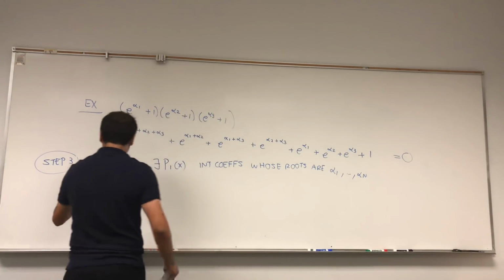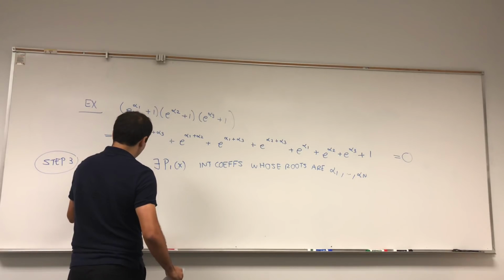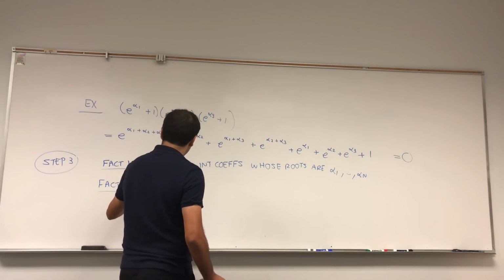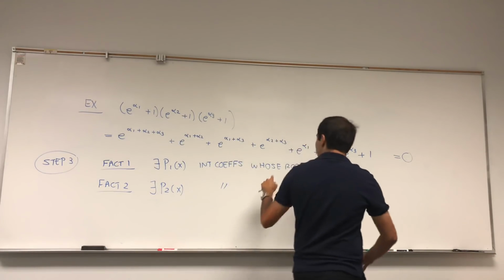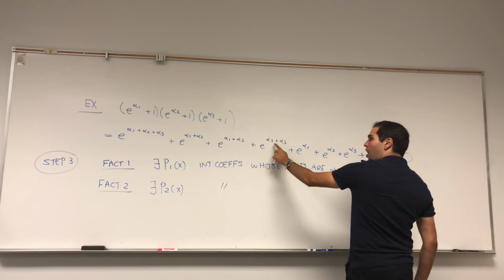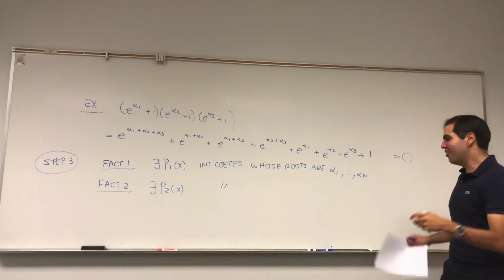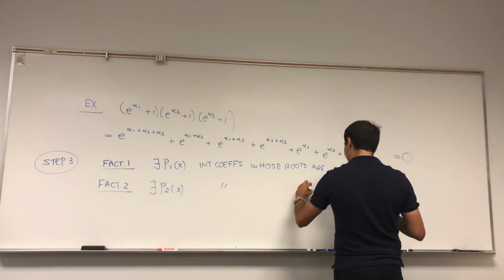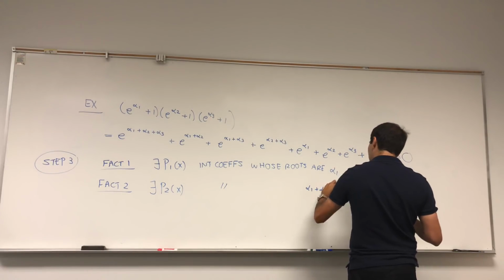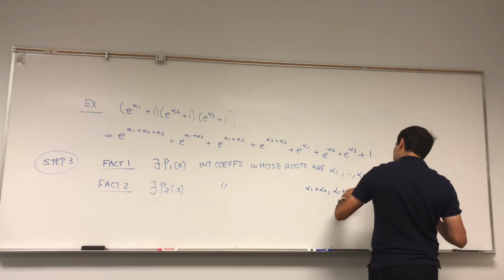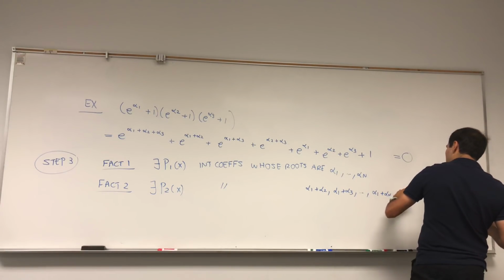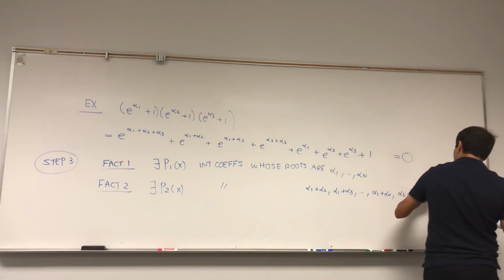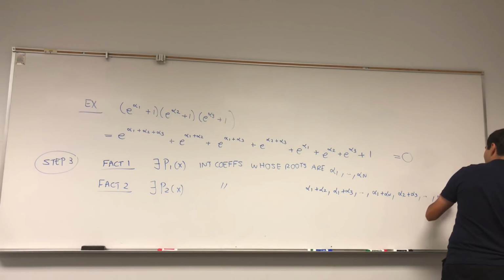But here comes a new thing. Here's where you use some commutative algebra. There is a polynomial P2 with integer coefficients whose roots are all the sums of two terms of the alpha i. So alpha 1 plus alpha 2, alpha 1 plus alpha 3, alpha 1 plus alpha n, and then alpha 2 plus alpha 3, up to alpha n minus 1 plus alpha n.